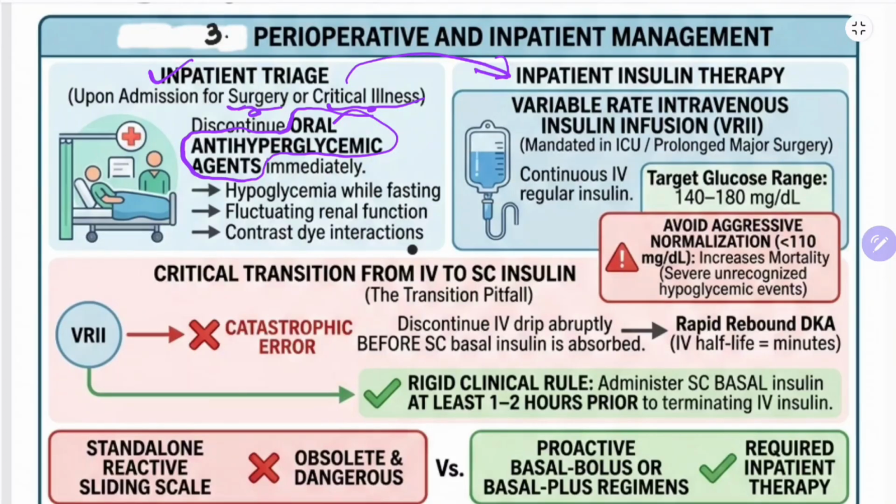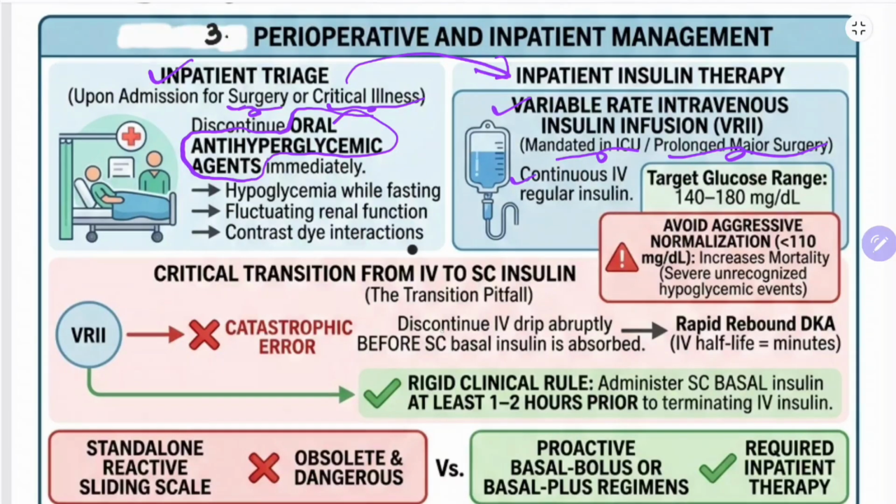What should be done then? They should be started on insulin. Okay. So IV insulin therapy is mandatory in the ICU and for prolonged major surgery. The protocol which is followed is known as variable rate intravenous insulin infusion, VRII.